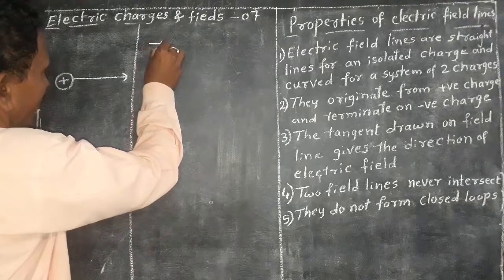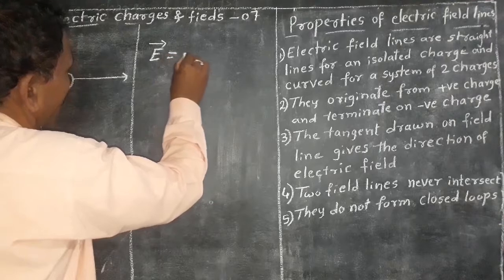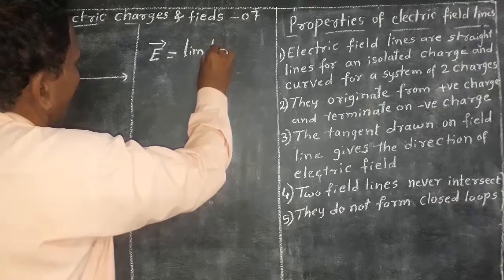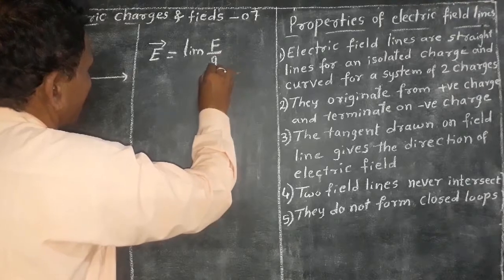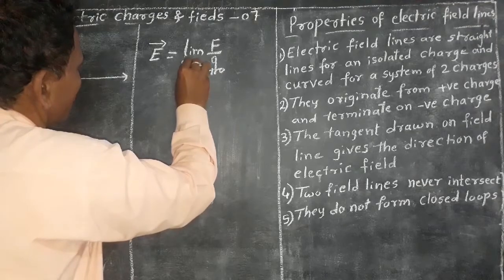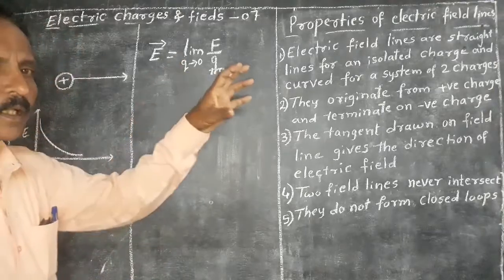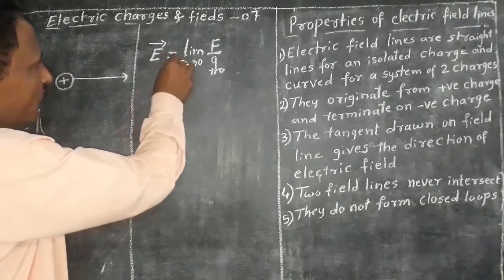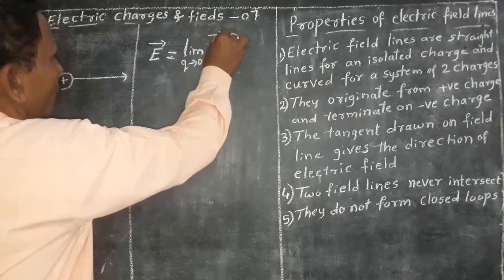It is a vector quantity and is defined as the limit of force per unit test charge, as q tends to 0. q never becomes 0 but is nearly equal to 0, that is, a very small charge.